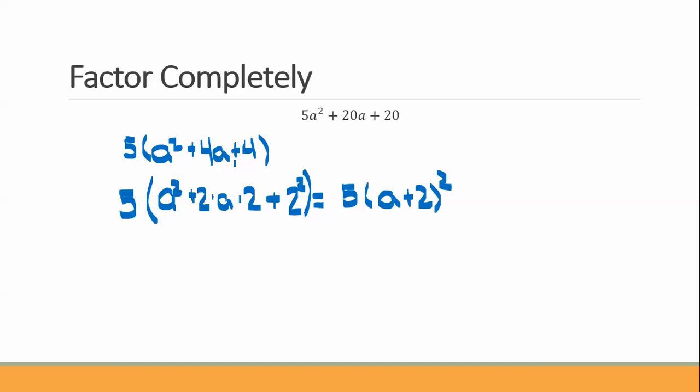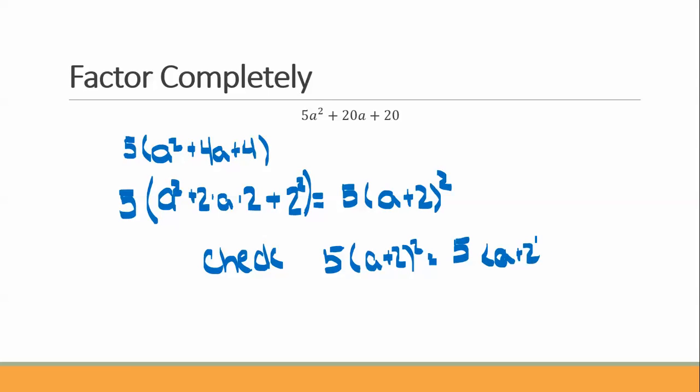Again, if you want to factor this using the AC method or tic-tac-toe method or guess and check, go right ahead and do that. Just make sure you factor out your greatest common factor first. And now we're going to do a quick check of our answer. We have 5 times a plus 2 squared. That's 5 times a plus 2 times a plus 2.